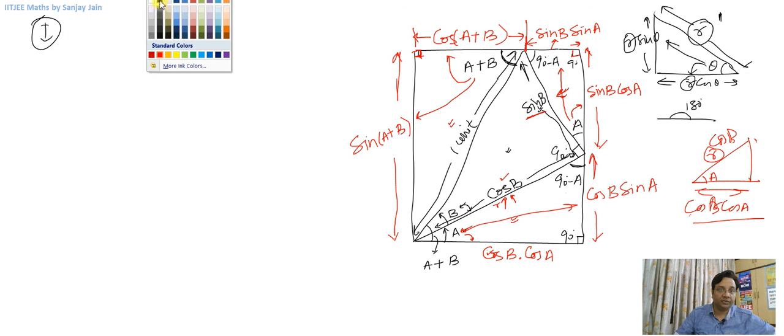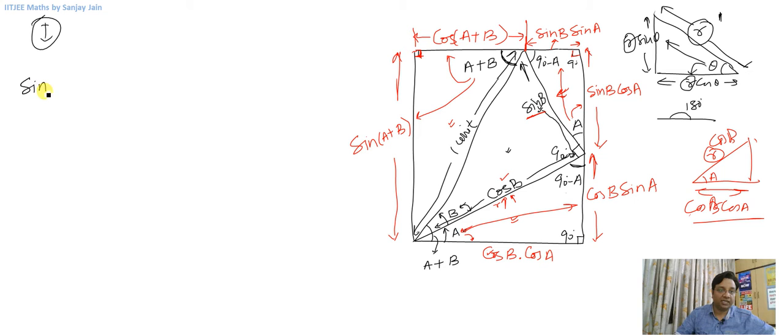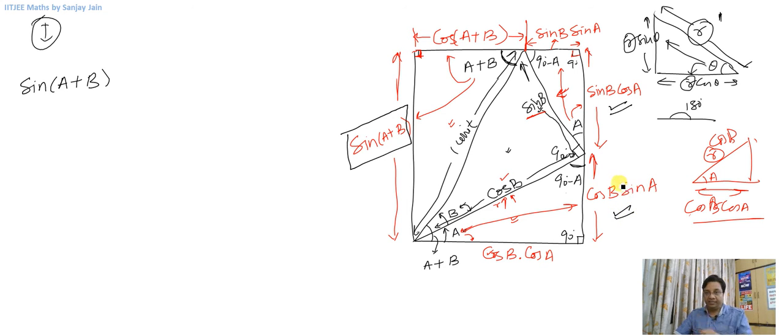Okay, now I think I have got all of these, so I can simply find the values that I desire to find. For example, sin of A plus B. In this rectangle, the opposite sides are of course equal, so this sin(A+B) will be equal to the sum of this expression and this expression. So I am writing these in this way.